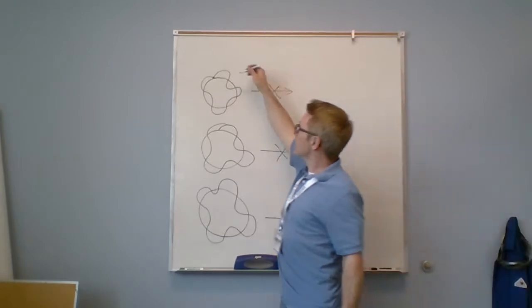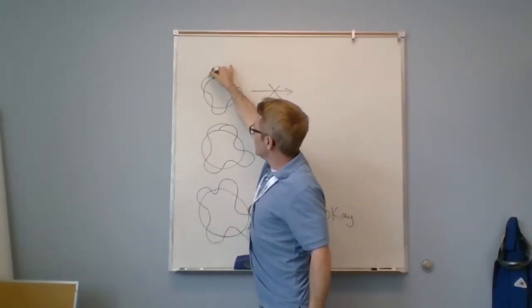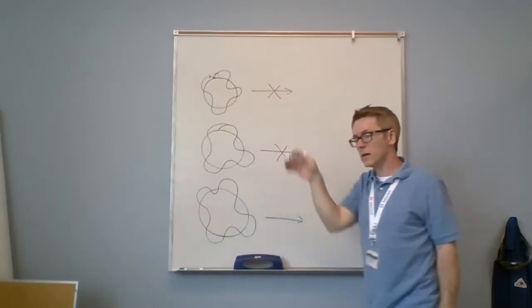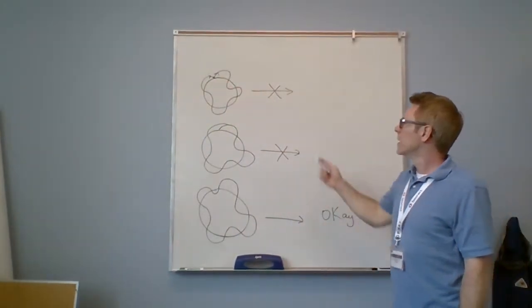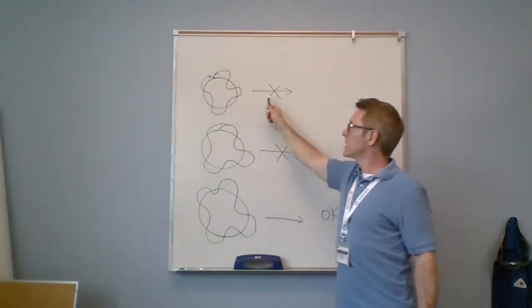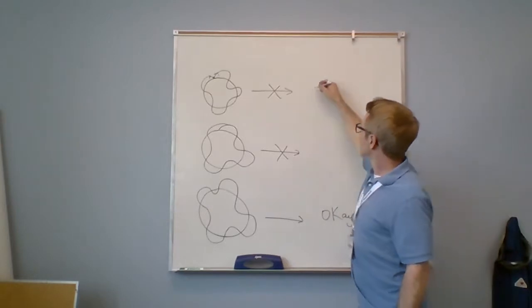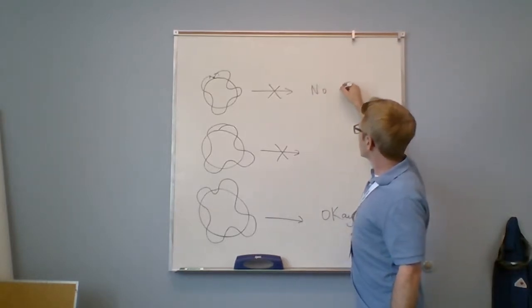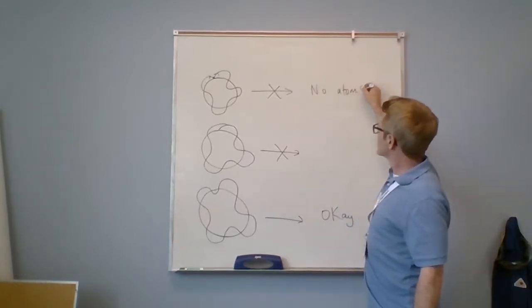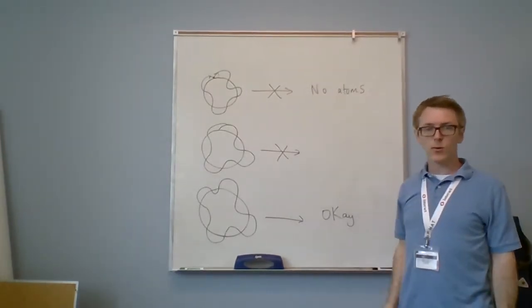So you can see that the outgoing wave is moving up, but the incoming wave from the previous circle is going down. So if this represented an electron, this would disappear with time, so it can't be allowed. It would lead to no atoms. So we know this is not true because we look out the window, we see atoms.